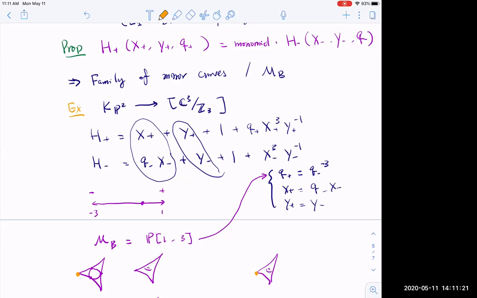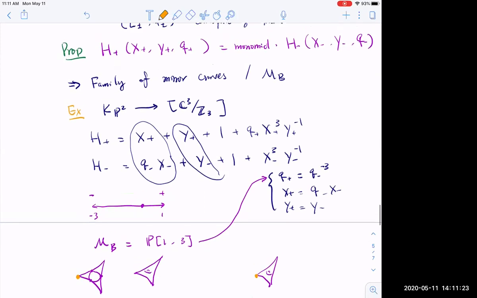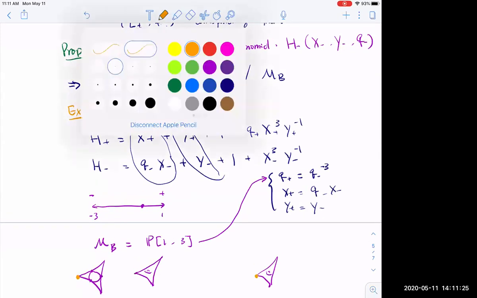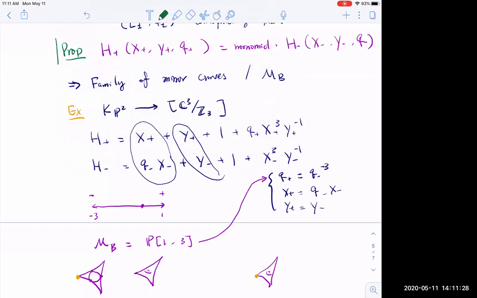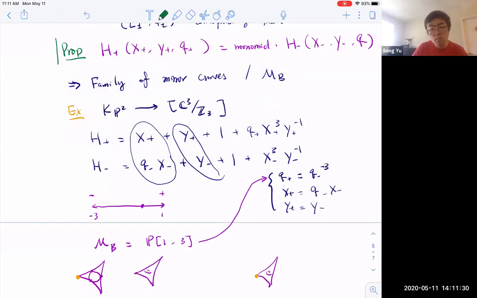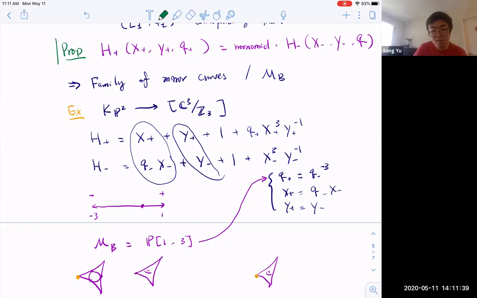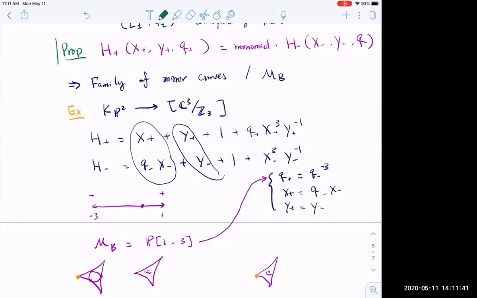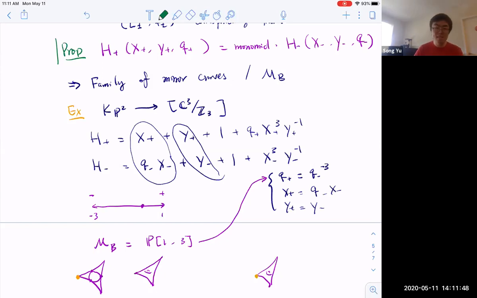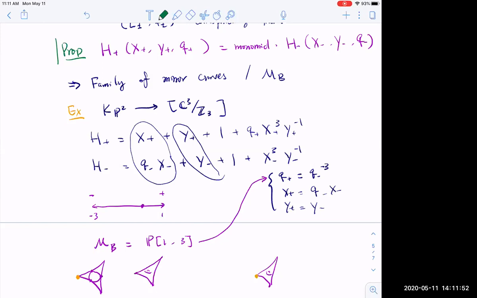Question. If I have this curve in some toric surface, and it hits the toric divisor at finitely many points, and I pick one point where my brane sits, then in general, in some family, that's a branched family. We have monodromy, right?